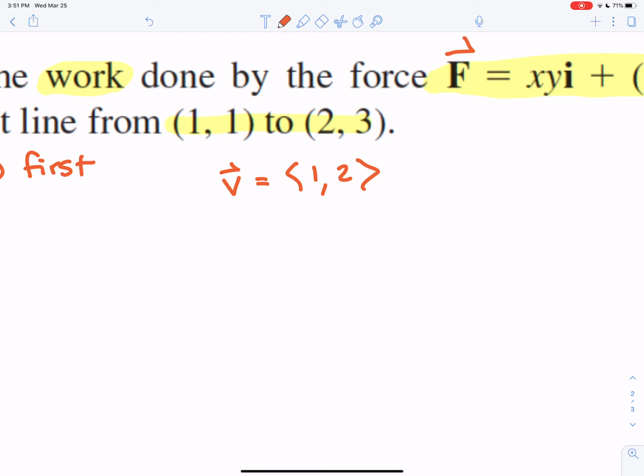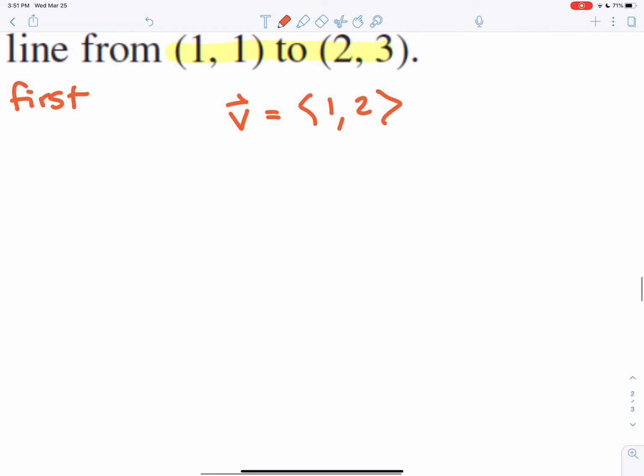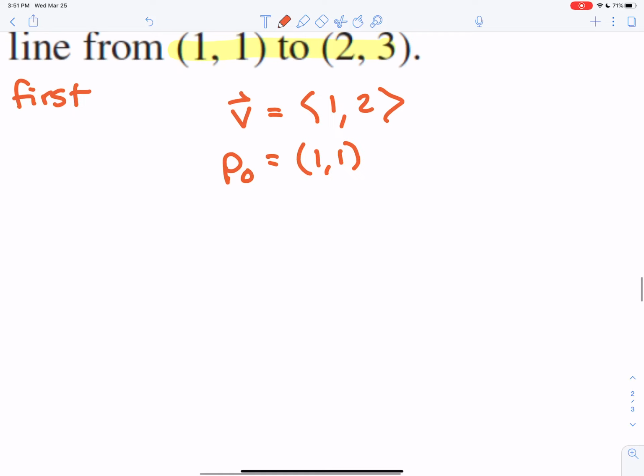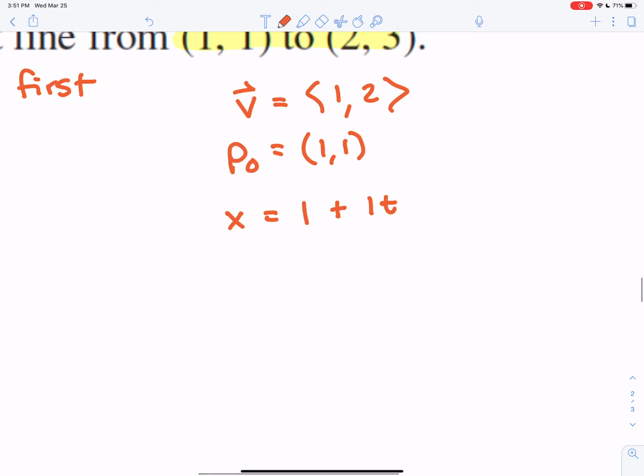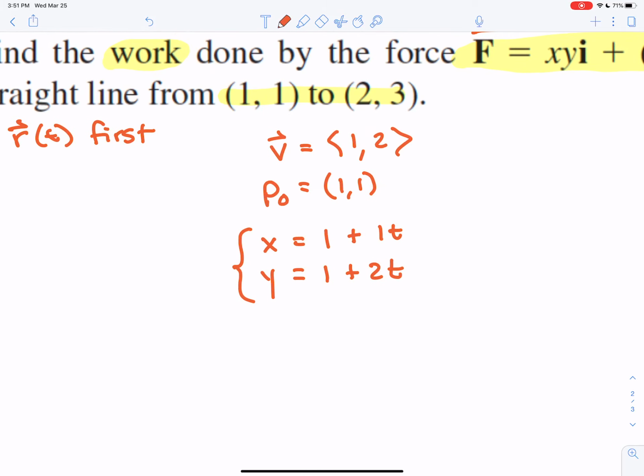And then I'll pick my initial point to just be the initial one, so that'll be 1, 1. Then I can write the parametric version of this line as the point plus the vector component times t. Right, so x is 1 plus 1t, and y will be 1 plus 2t. So here's the parametric form of the line that gets us from 1, 1 to 2, 3.